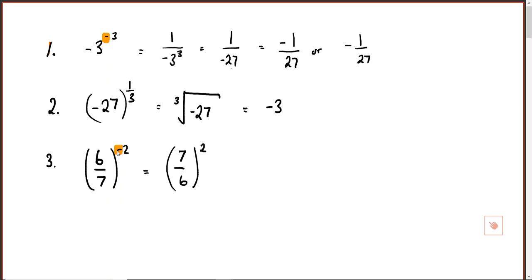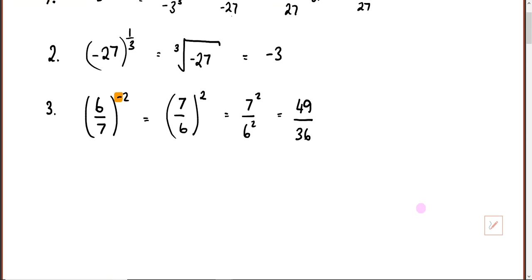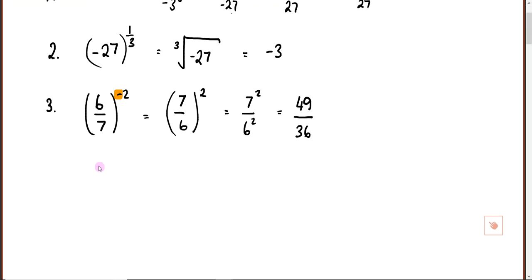All right? And then I apply the power to both. Yeah. And then you do 7 times 7, which is 49, and 6 times 6, which is 36. Okay. All right. I think, Cameron, you were going to say that we could also do it as applying the whole power straight away, like that. Yeah?